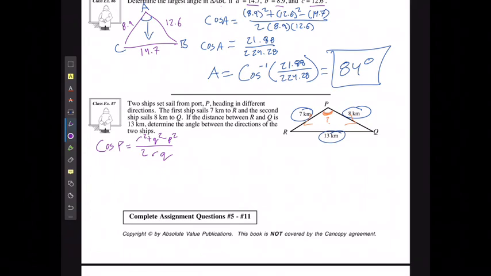Or that it is equal to 8 squared plus 7 squared minus 13 squared, all divided by 2 times 8 times 7.